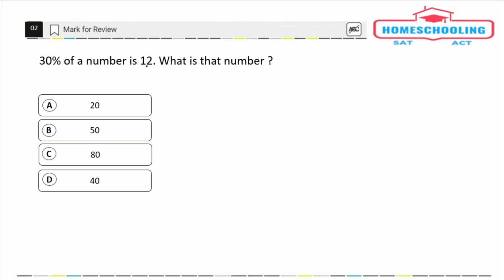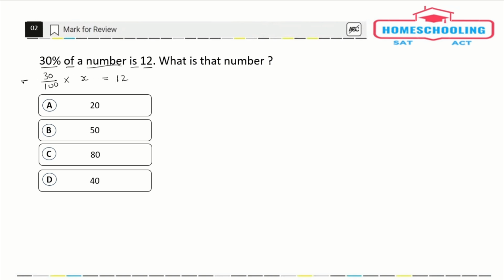30% of a number is 12. So 30% would be written as 30 divided by 100, "of" would be written as multiplication, into a number. Let's take the number as x, "is" stands for equal to, and we can write 12 as 12.